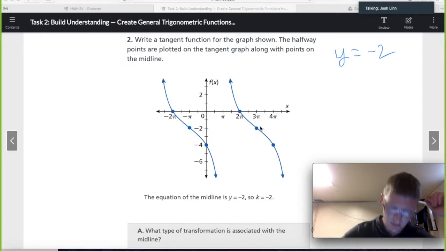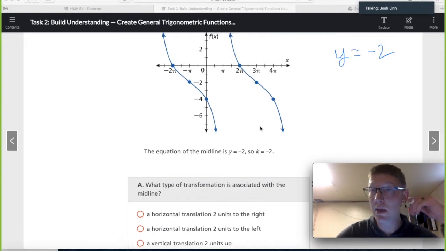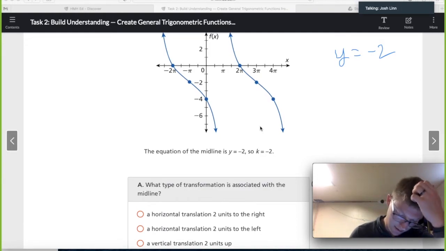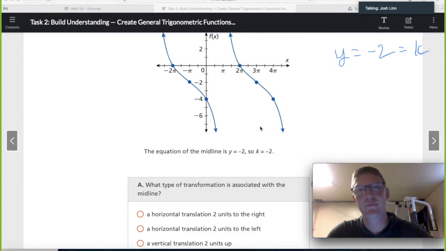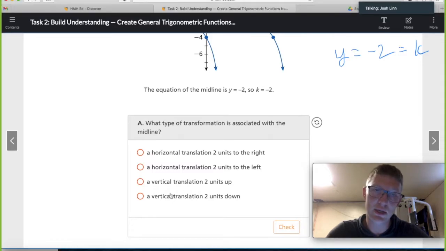Because we know the midline, that gives us our k. Look at that. We're well on our way. What type of transformation is associated with the midline? That's going up or down. So we would call that a vertical translation 2 units down.